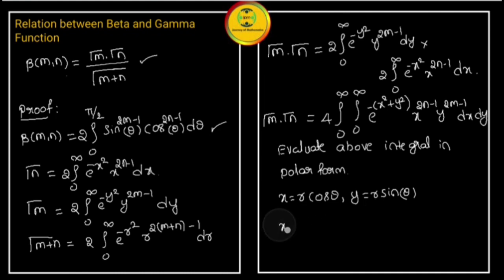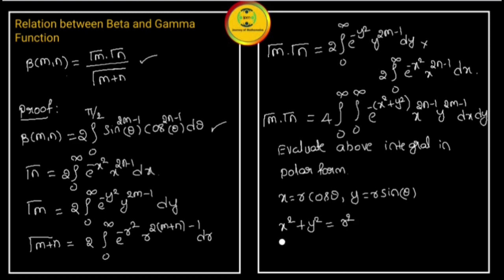It implies x square plus y square is equal to r square into cos square theta plus sin square theta, which is 1. So I can replace it as x square plus y square is equal to r square.